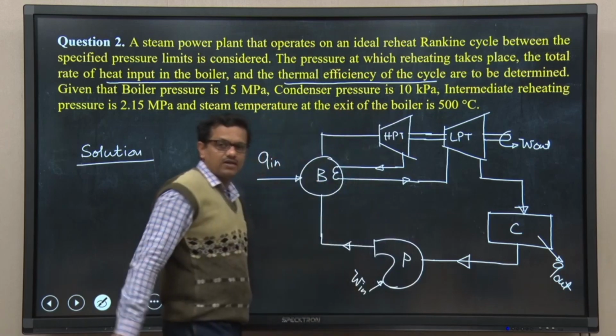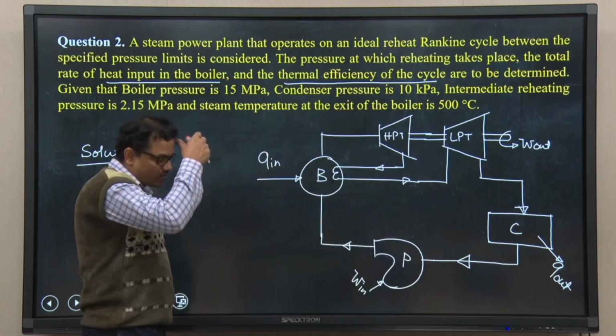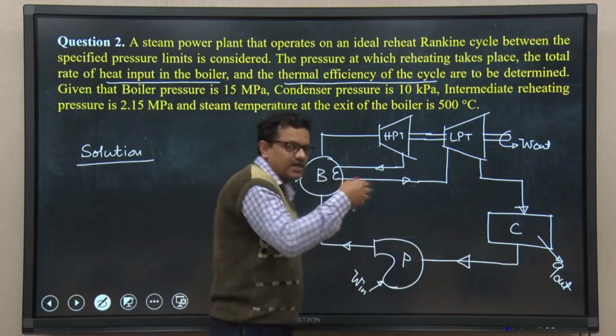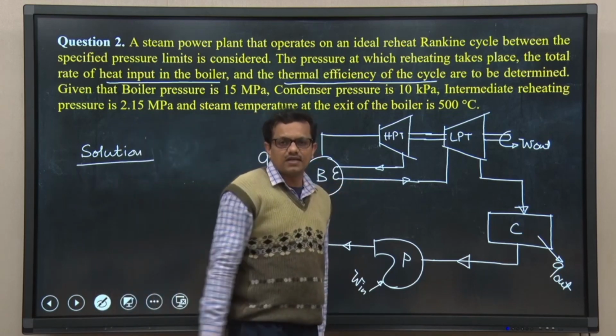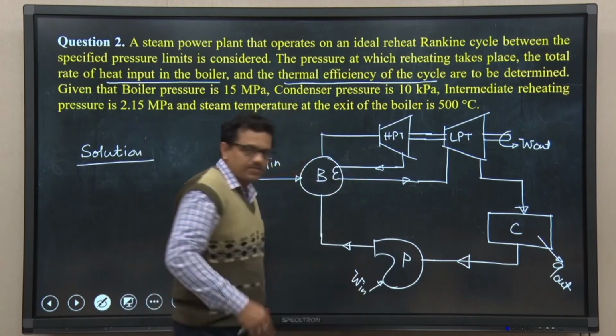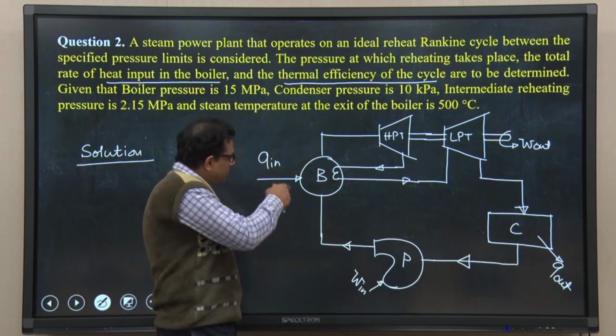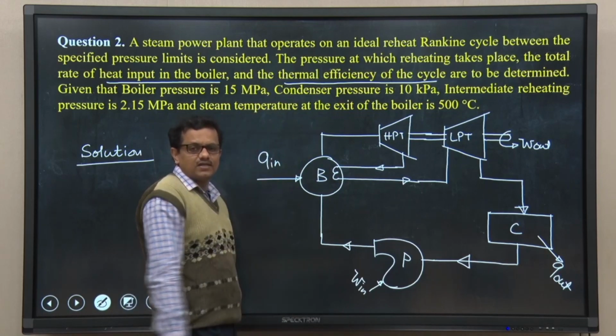So, from there we can calculate the efficiency, but if we try to recall exactly what we have discussed in the context of this course, we have applied the steady flow energy equation.